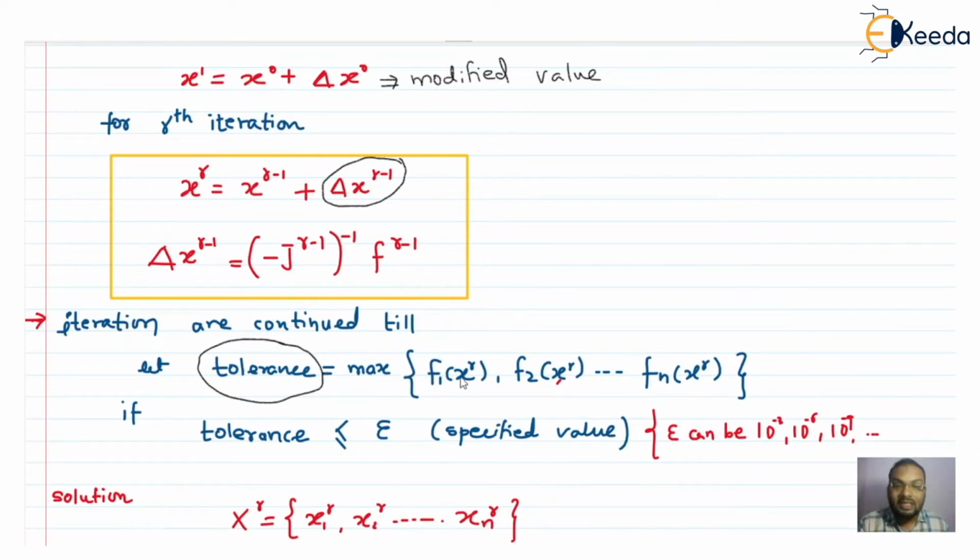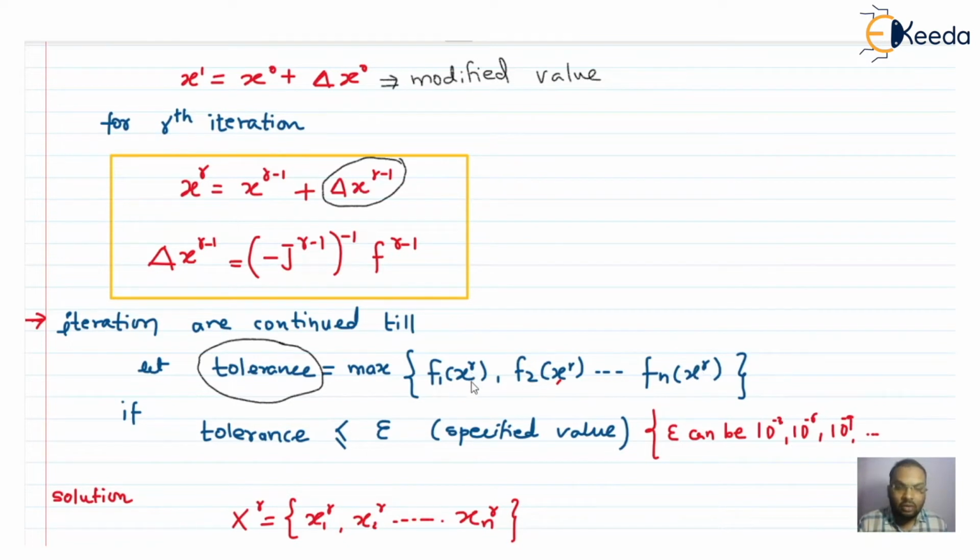You have to take the maximum of this value. This is the first function in x calculated in the rth iteration, the second function in the rth iteration, the third function, and likewise up to the nth function in the rth iteration.